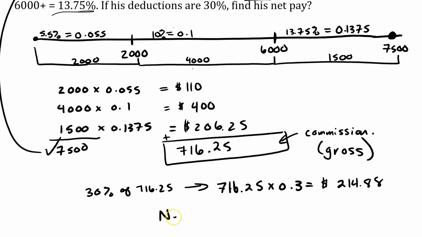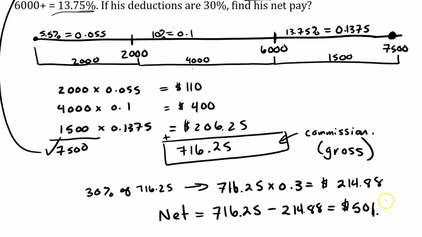And then to get your net, you take your gross, which is 716.25, and you subtract 214.88, and you get the final net income of 501.37. This is your final answer.